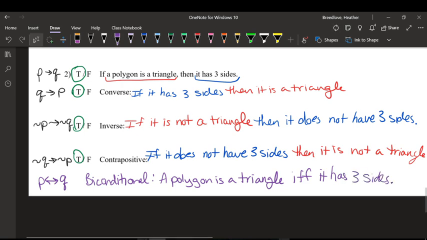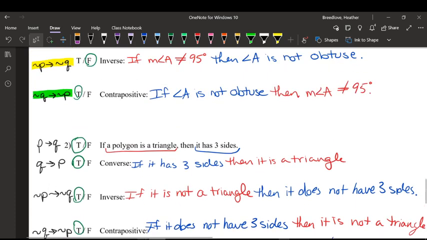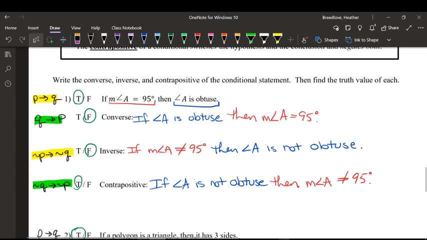So that's another example of when the conditional and the converse have the same truth value, you can write a biconditional statement. And even negating it is not going to change the truth value. But any other time, whenever the conditional and the converse do not have the same truth value, when you negate them, they change values.